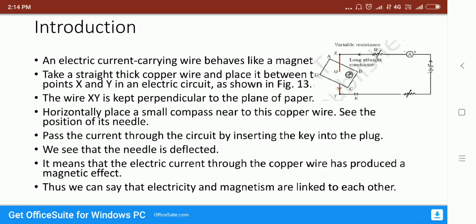Now, as we know from chapter 12, electricity, each electron has its own energy in terms of an electric field. While that electron is stationary, while it is not moving, it has its own energy.